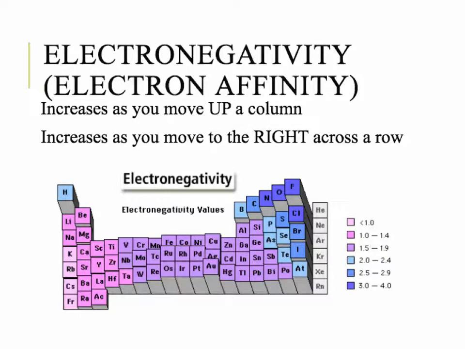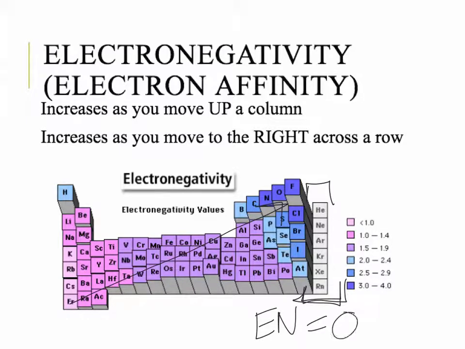All right, and last up we have electronegativity or electron affinity. Either way, this is one that also shows increasing going diagonally up to the right on the periodic table. The exception here, though, is your noble gases. Notice on this 3D graph, your noble gases are flat.